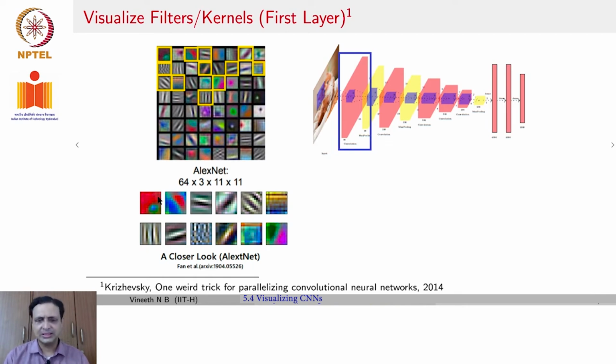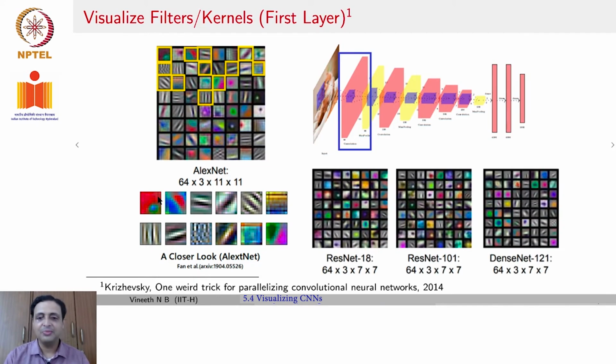So is this a characteristic of AlexNet alone? Not really. If you took even the filters of ResNet 18, ResNet 101 or DenseNet 121, in each of these, the filters in the first convolutional layer have a very similar structure.